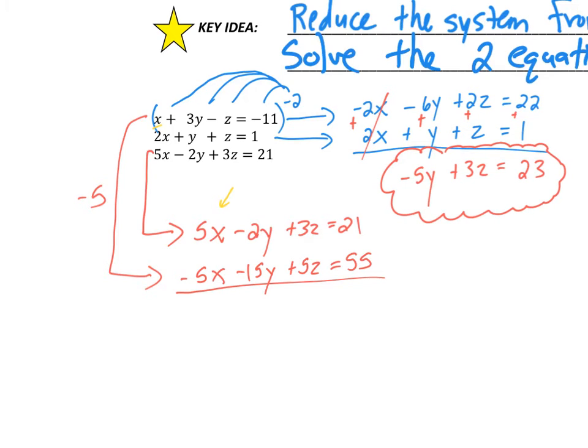So what we did is we took the top two equations in blue and we canceled x. Then we had to pair up the third equation with one of the other ones. So we picked the third equation and the first equation, and we're going to cancel x again.